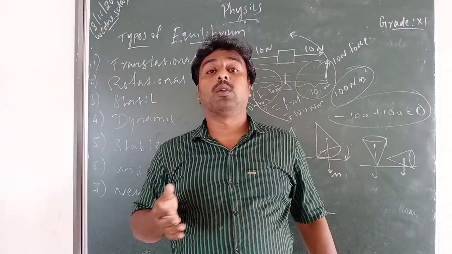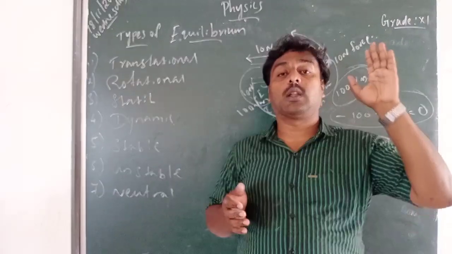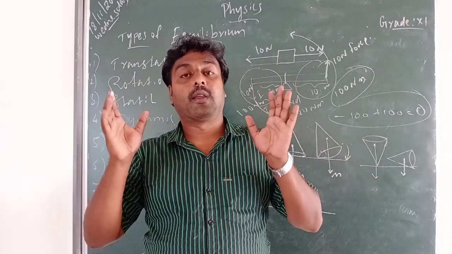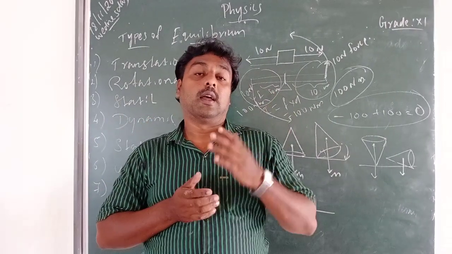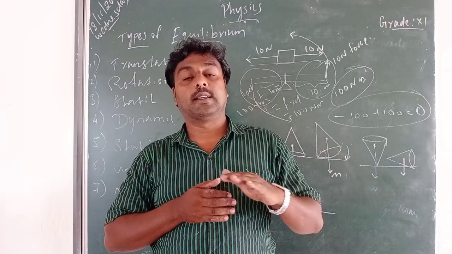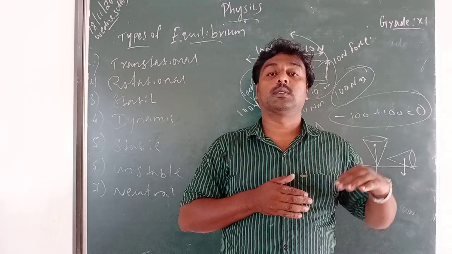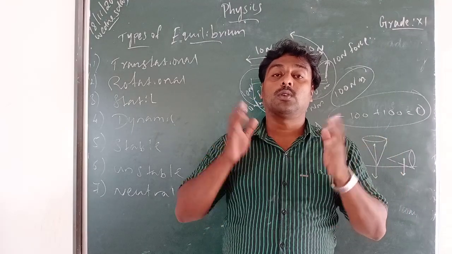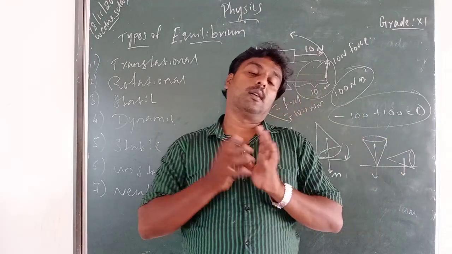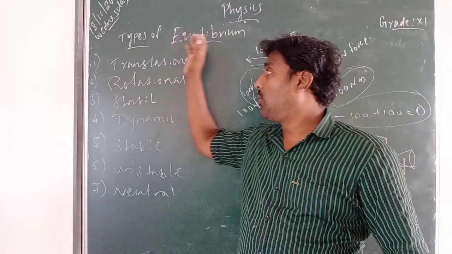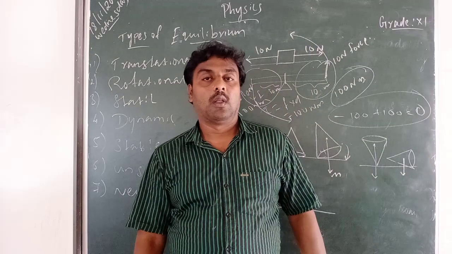In unstable equilibrium, center of mass is lowered, so potential energy decreases. And in the third one, potential energy stays the same because the center of mass stays in the same position, because even if you slightly disturb it, it stays in the same equilibrium state. So this is about the types of equilibrium.